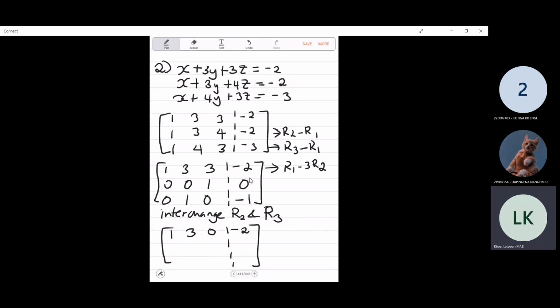Then now I swap row 2 and 3, so I have 0, 1, 0, minus 1, then 0, 0, 1, 0. Okay, so I need to make this one here 0. To do that, I just say row 1 minus 3 times row 2.